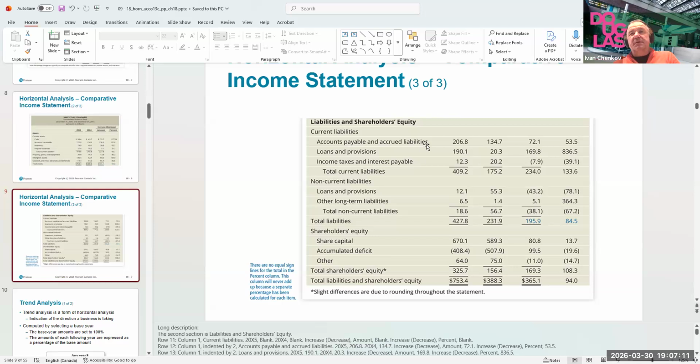We have an enormous increase in the loans and provisions, and a huge 52% increase in accounts payable and current liabilities. But again, the main increase comes from the loans and provisions. We have an 836% increase, which is generous.